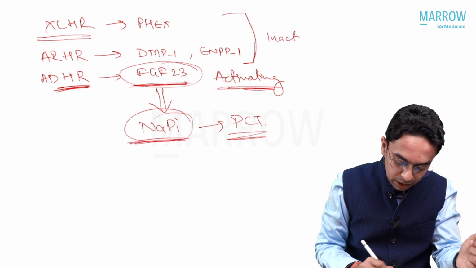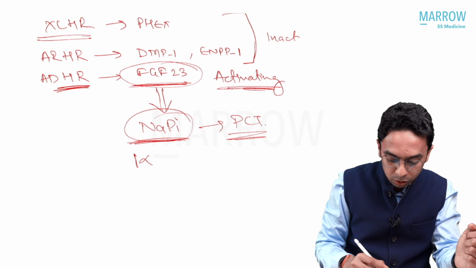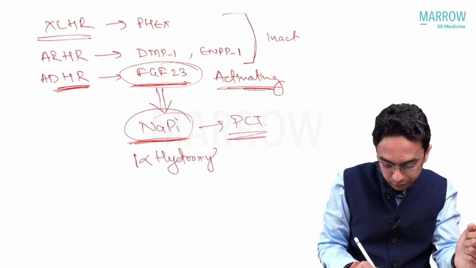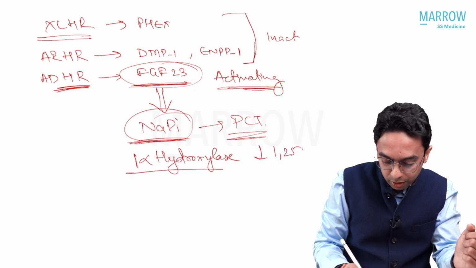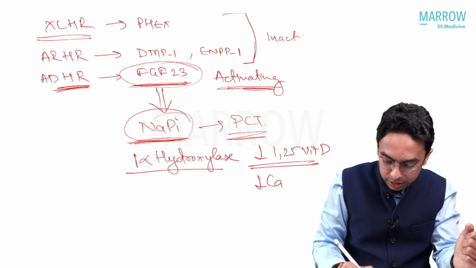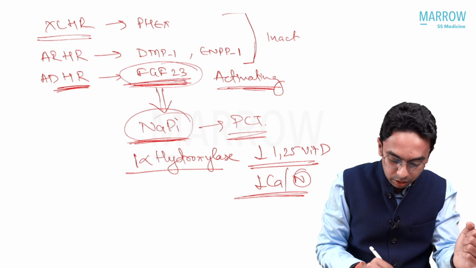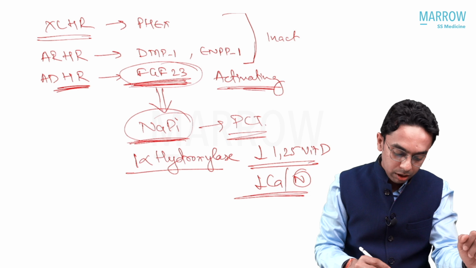Also it inhibits 1-alpha hydroxylase activity, thereby decreasing 1,25 vitamin D, thereby can decrease calcium. So calcium can be normal or decreased in a patient who has FGF23-dependent hypophosphatemia.